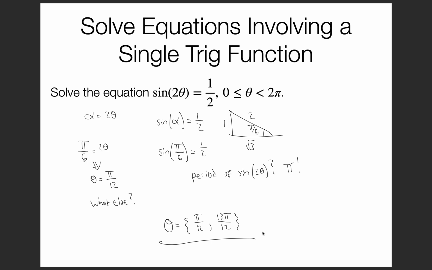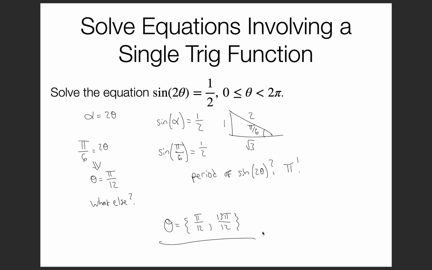So I'm going to use the same sort of logic as I did in the last one to get all the general ones, but I'm only going to keep the ones that are in between 0 and 2 pi. So I have pi over 12, and then I add pi to pi over 12, and I get 13 pi over 12. Hopefully that made sense.